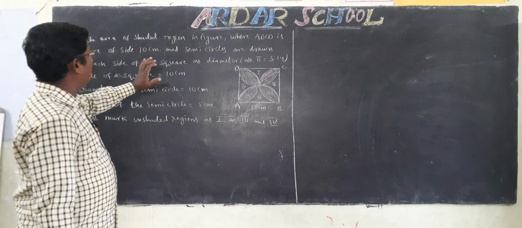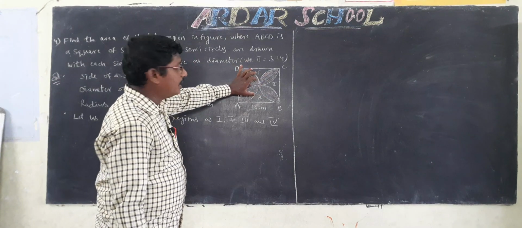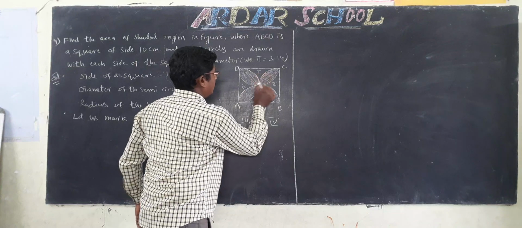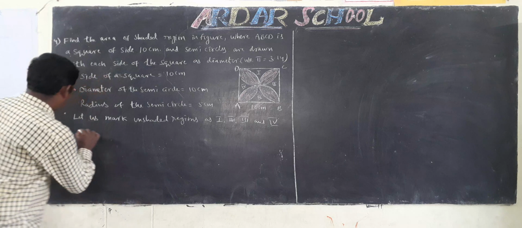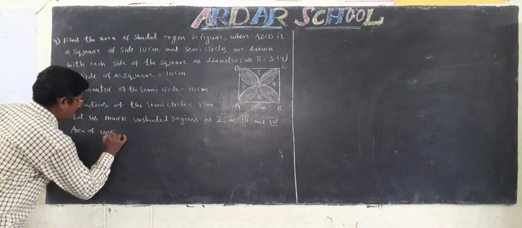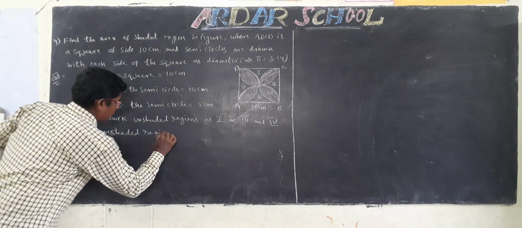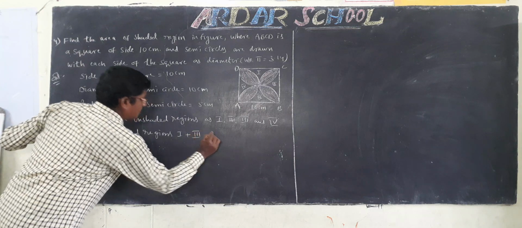Okay, how to find the area of the shaded region? First you have to find the area of the unshaded region. First you have to find the area of the unshaded regions 1 and 3.